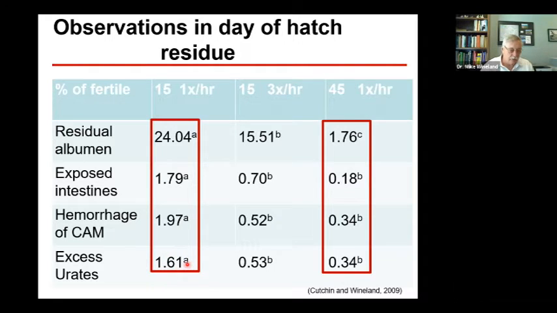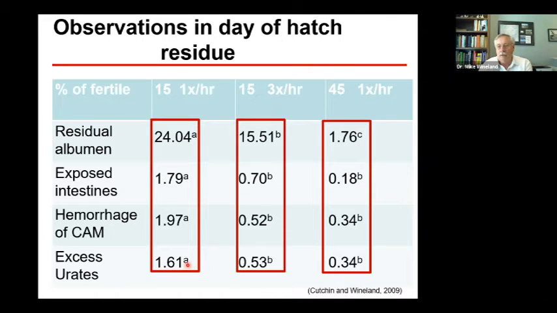In other words, the nitrogenous waste from the embryonic kidney had increased significantly. Okay, and then of course, sort of in between was where she increased the frequency to 3 times per hour over the 1 time per hour for that 15 degrees from vertical.